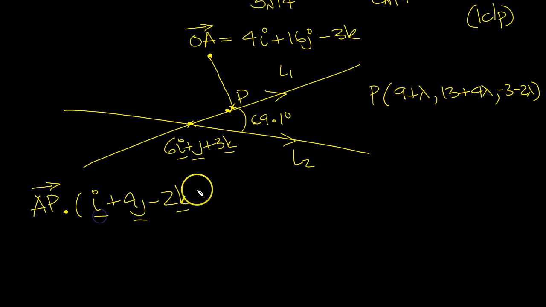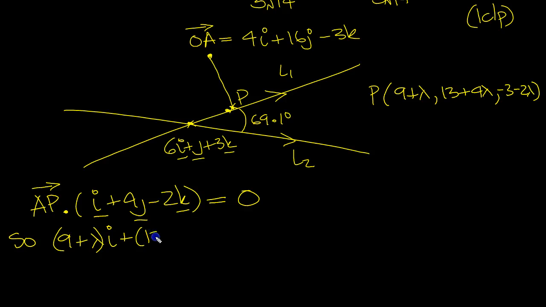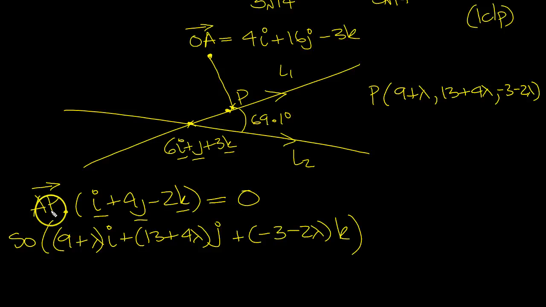Now they're perpendicular, so the dot product says cos 90 is 0. So what have we got here? We've got 9 plus lambda i, plus 13 plus 4 lambda j, plus minus 3 minus 2 lambda k. That's AP, A to P, so 9 plus lambda minus 4 is 5.